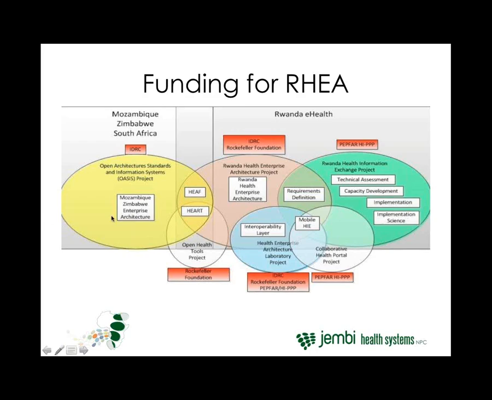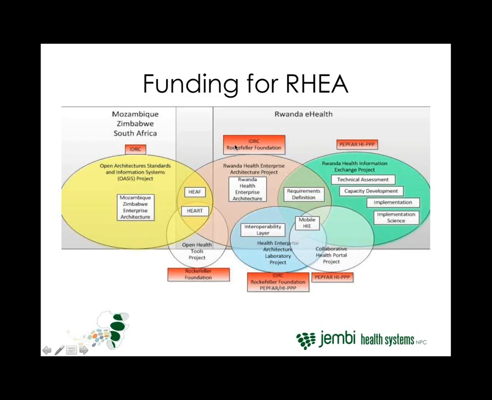And this diagram shows again the evolution of where the initial principles of finding health systems that adhere to open architectures and using standards in information systems, such as here in the original IDRC project called OASIS, taking these principles and learnings as we moved into completing and starting the Rwanda Health Enterprise Architecture project, which is the middle orange diagram.